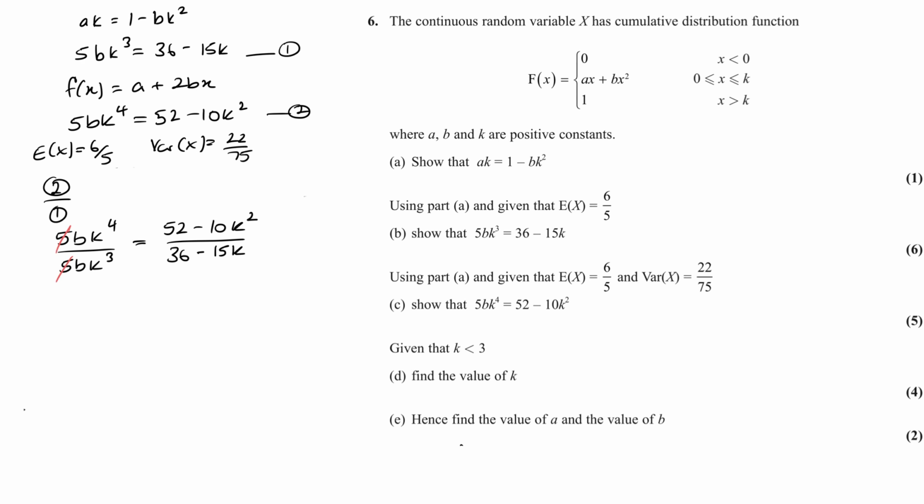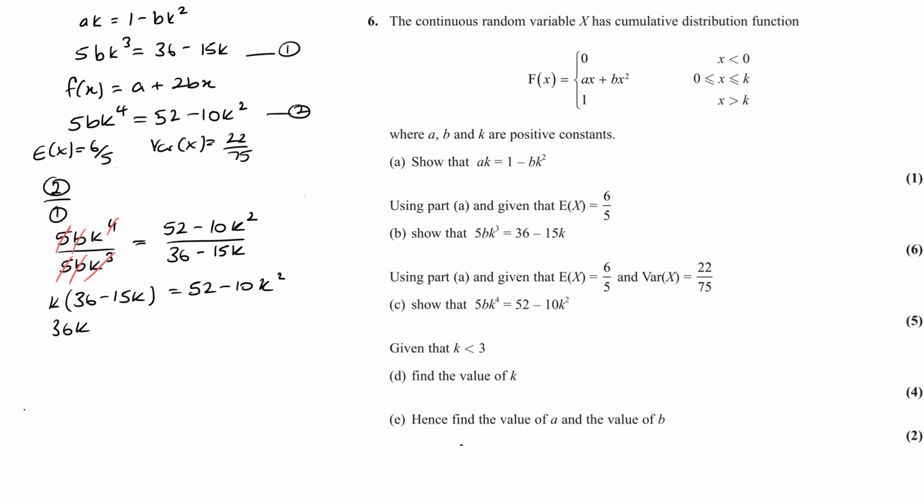I can see 5's cancel, b's cancel, that cancels, just leaving a k. Now what I want to do is multiply up by this. So I've got k, that's what's already left, just on the left side. 36 minus 15k equals 52 minus 10k squared.